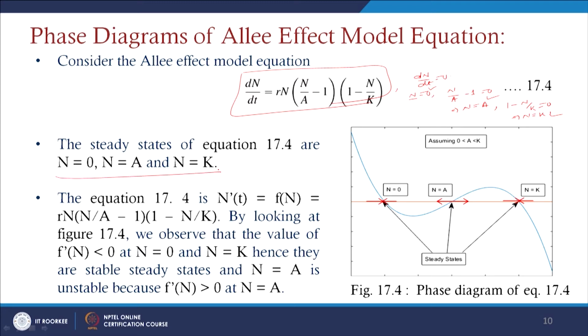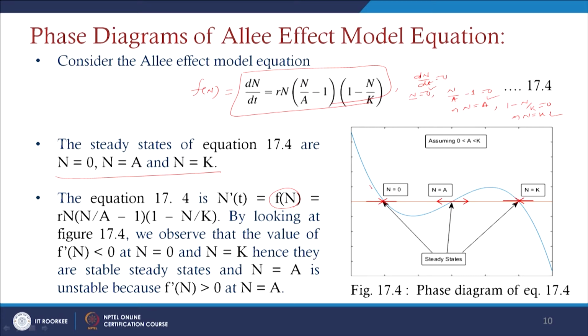From this equation we can write N dash(t) as f(N). If you plot this graph, we can find that at these three points, N equals 0, N equals A, and N equals K, we examine f dash(N).